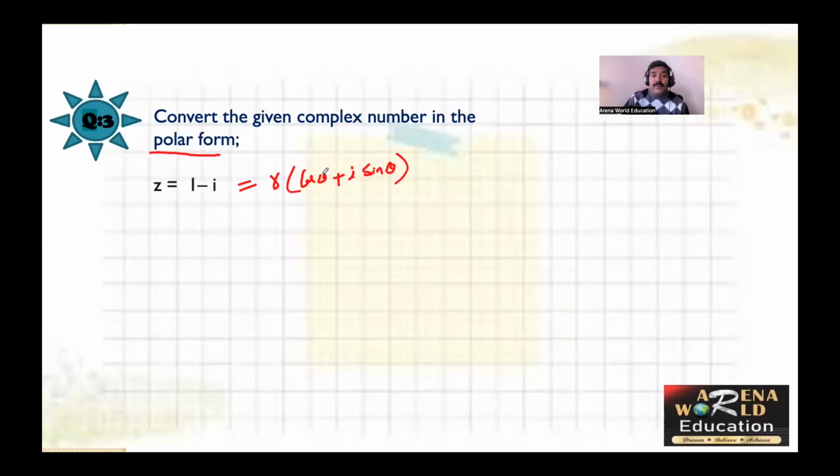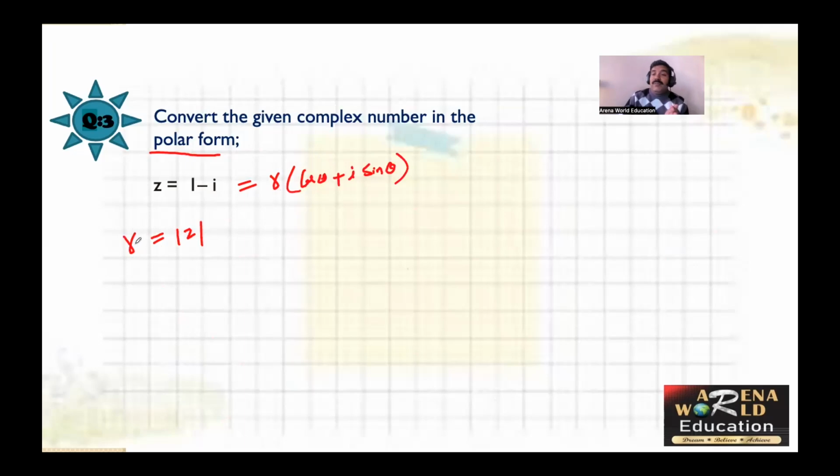So here what we have to do? We have to find r and theta. Theta we are already calculating. Theta is the principal argument, right? And r is what? We had already discussed r is the modulus. So in this question, we are not doing anything new.